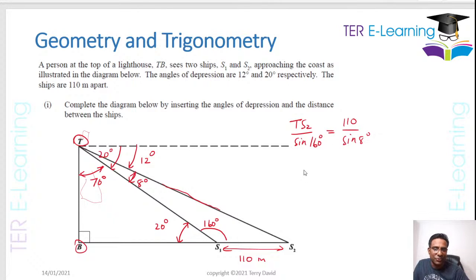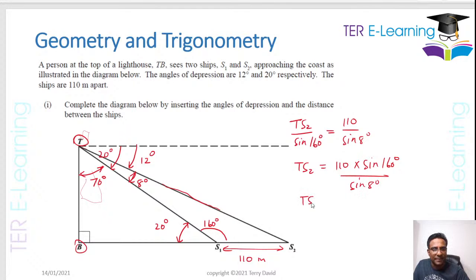So I'm using my sine rule here to figure out what TS2 is. So TS2, I'm going to cross multiply. It's going to be 110 multiplied by sine 160 degrees, right, divided by sine 8 degrees.